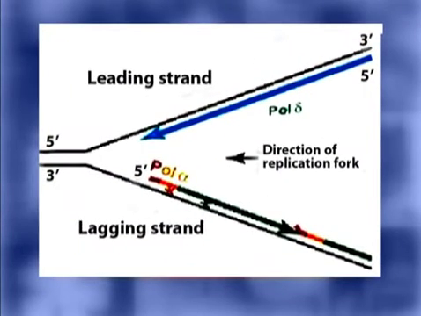The synthesis at a replication fork is continuous in the direction of fork movement for one strand, but discontinuous in the opposite direction for the other strand, resulting in the formation of leading and lagging strands respectively.